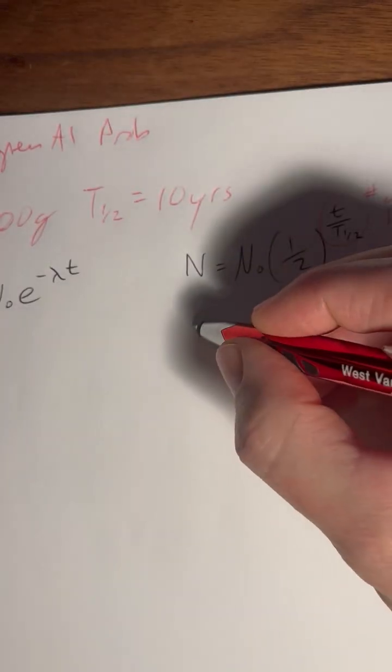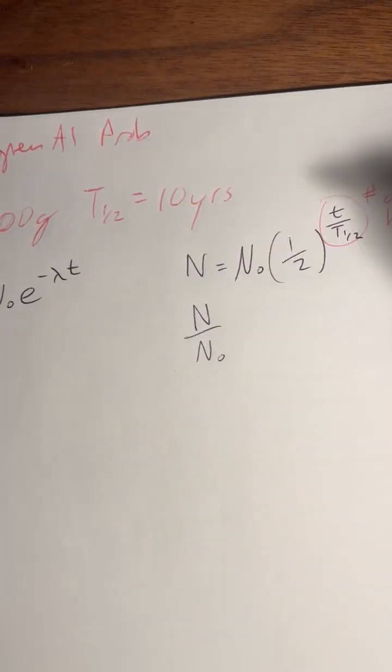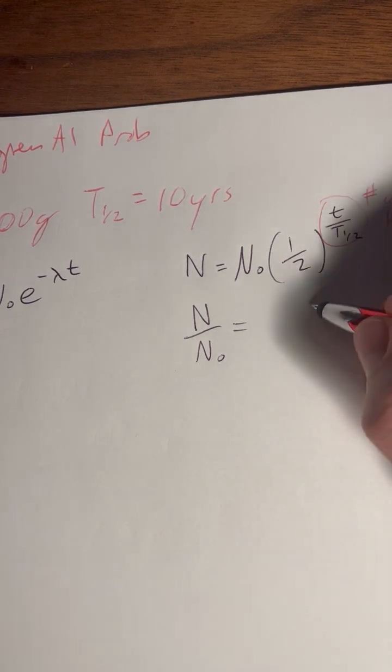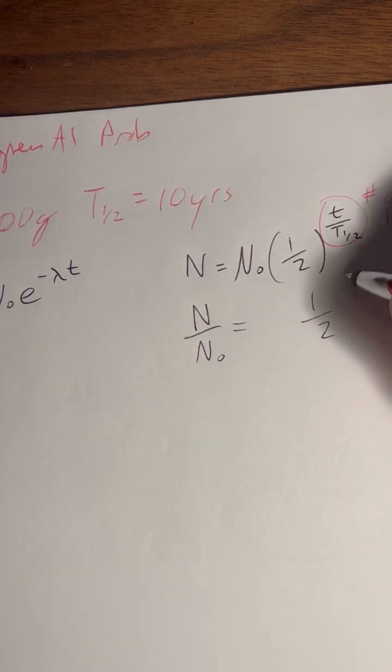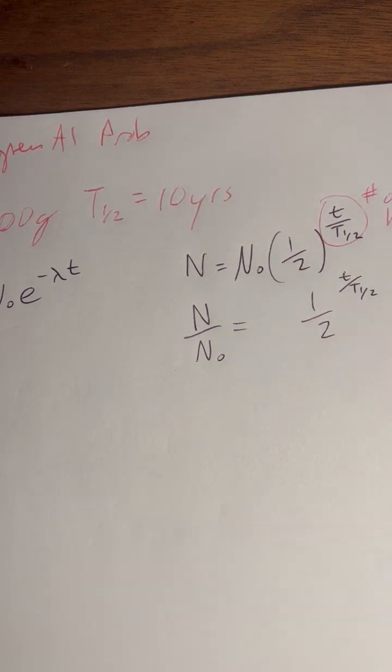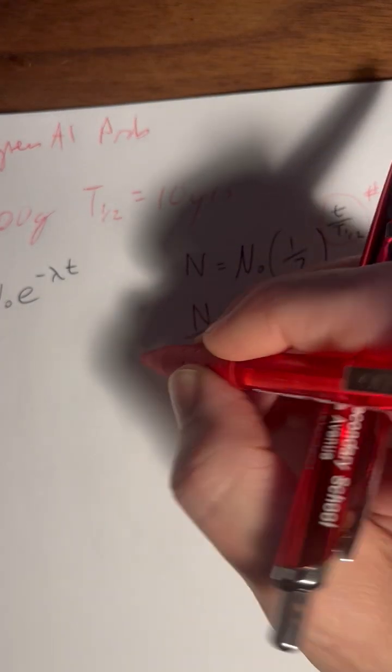If I take this over here and I say n over n naught equals 1/2 to the power of t over t half, I can ln both the sides here.